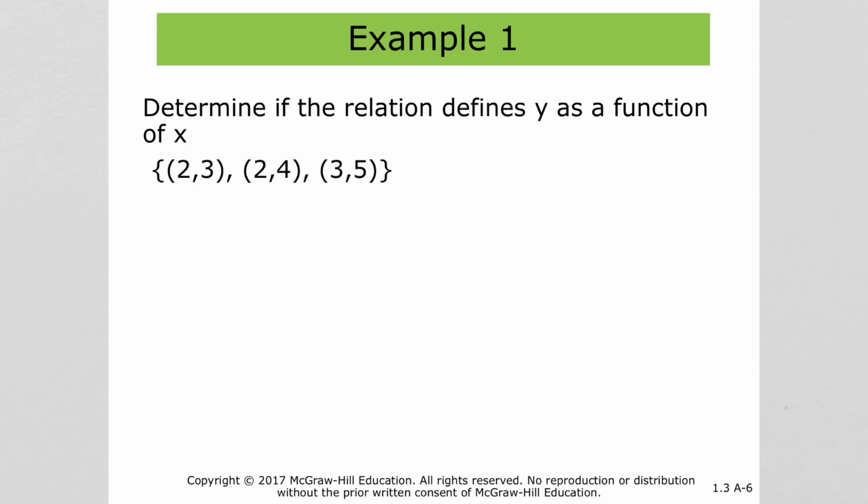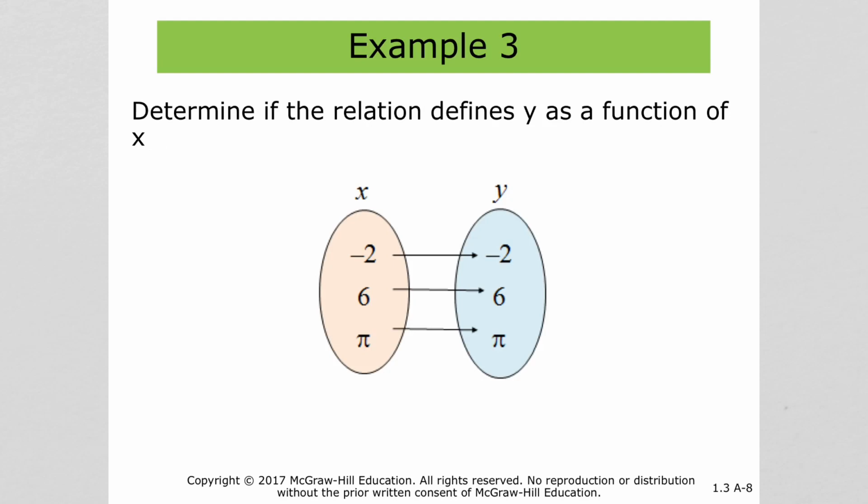So in this example here, it wants you to find out if it's a function. If you look, you've got 2 repeated for the x's, so no, it's not a function. This one, all the x's are different, so it is a function. This one, you've got the ordered pairs.